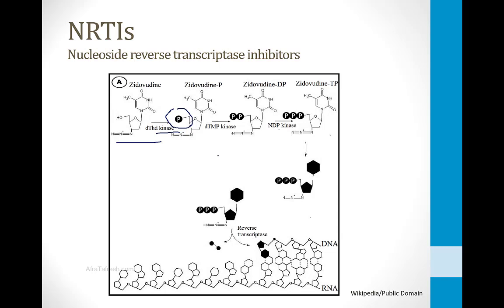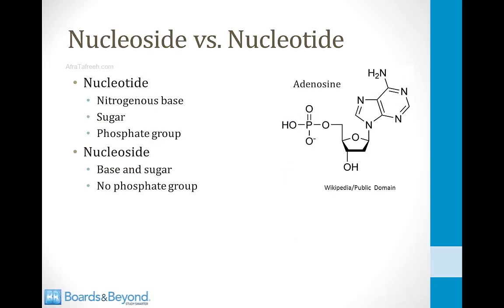So successive phosphorylations lead to a molecule which has 3 phosphate groups attached. This is picked up by reverse transcriptase and incorporated into a growing DNA strand. However, once the zidovudine molecule is part of the strand, other nucleotides cannot be added, and therefore DNA strand growth terminates.